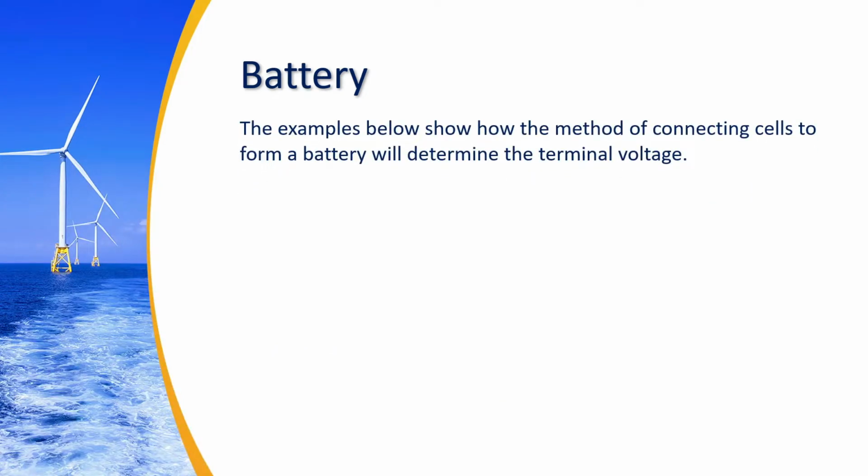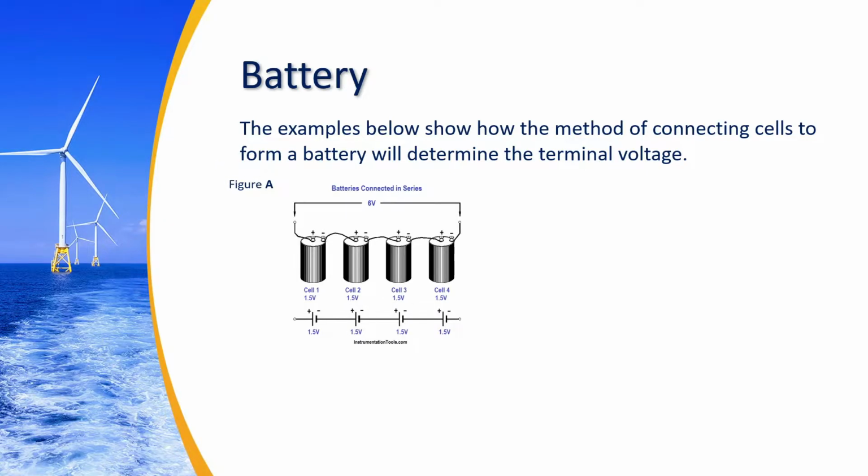So the examples below show how the method of connecting cells to form a battery will determine the terminal voltage. So for figure A, para makapag-create tayo ng battery from different cells, yung figure A pinapakita nito na merong 1.5 volt cells connected in series.